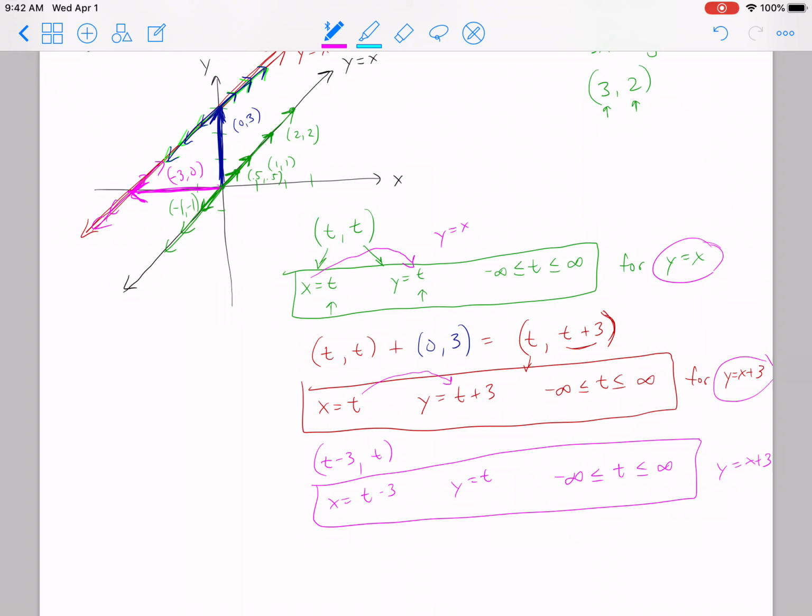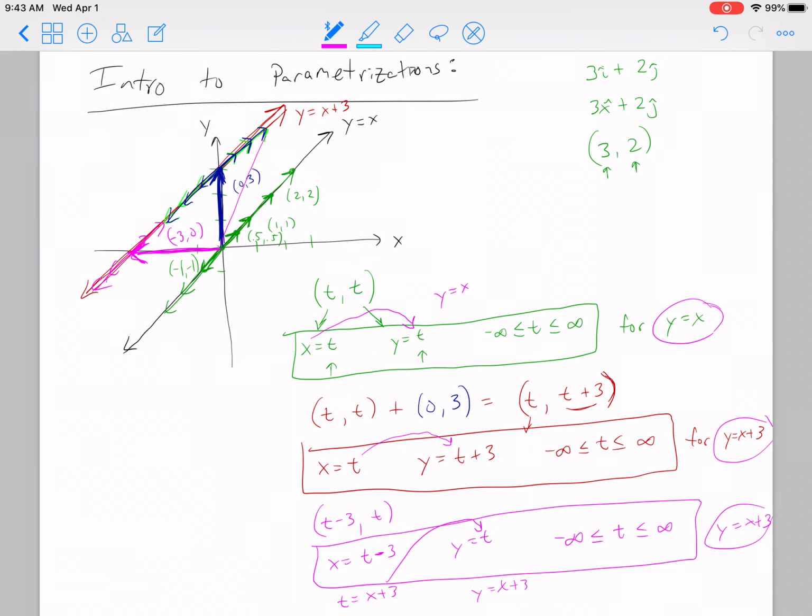And then over here, I'd say, hey, x equals t minus 3, which would mean that t equals x plus 3, which means I could substitute that in right there, and I would get back my y equals x plus 3, which is, again, what we were doing. So these two are equivalent, and you don't even have to do something that simple. You could pick some other crazy vector that goes off and touches it anywhere, or do many sorts of things. There's literally an unlimited number of ways to parameterize those.